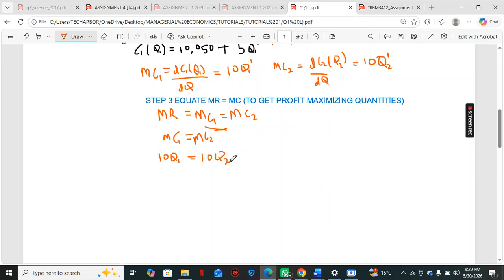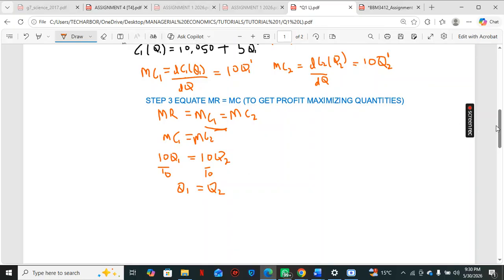As I said, we can express Q1 or Q2 in terms of the other. You can make Q1 the subject of the formula, or you can make Q2 the subject. If we make Q1 the subject, we just divide both sides by 10. So Q1 equals Q2.